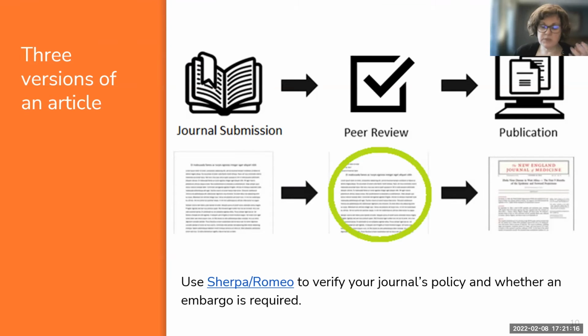But they most likely will allow you, it's not 100%, to put what we call the peer-reviewed manuscript. That version could be put on a repository somewhere online. So it depends on every journal.